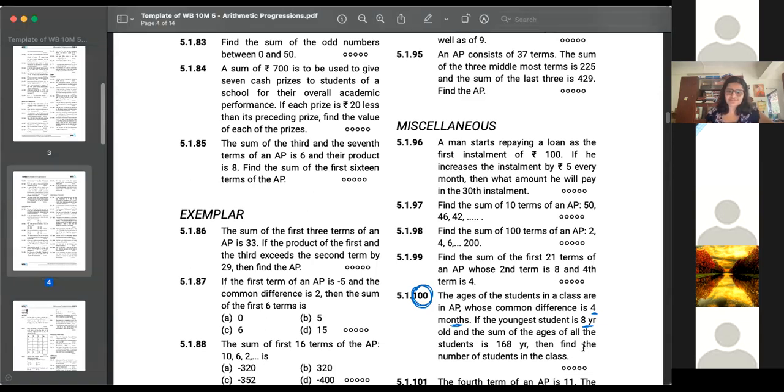Oh, Anirban's the first one to do it. Question number 100, you already sent the answer. Looks like a sensible answer. Neil also got it. Okay, same value.